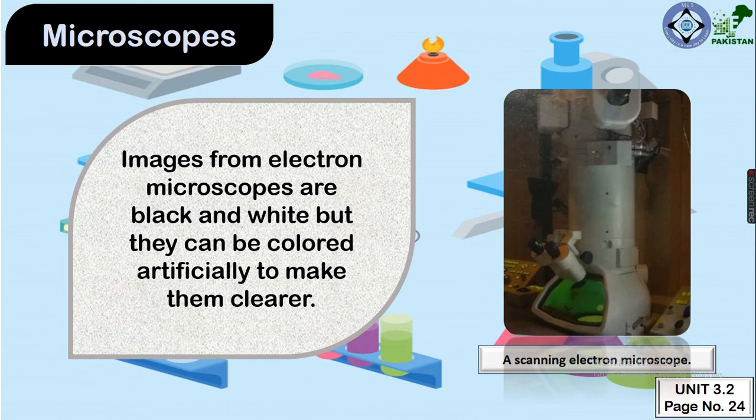Images from electron microscopes are black and white, but they can be colored artificially to make them clearer.